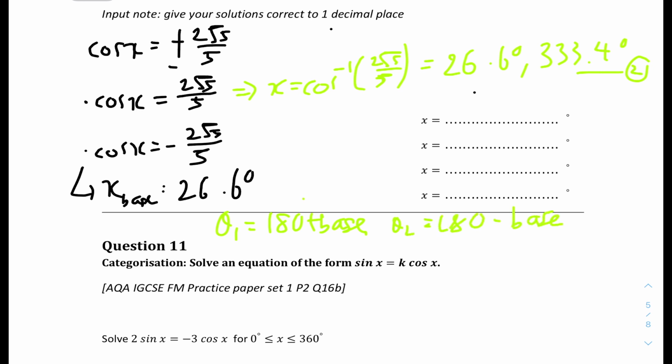So let's work out the first one. It'll be 180 plus 26.6, which is 206.6. And the second answer, 180 degrees minus the base, is 153.4 degrees. And let's put the rest of the answers here, like so.